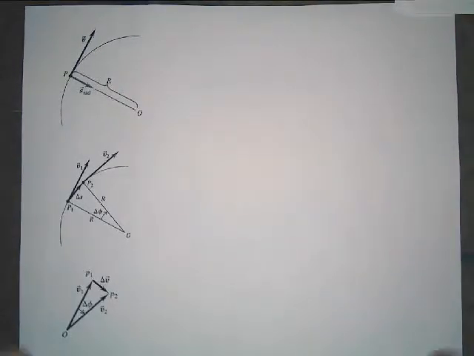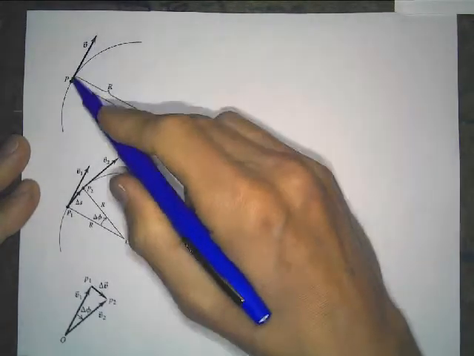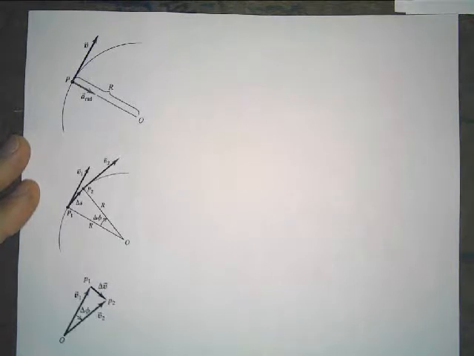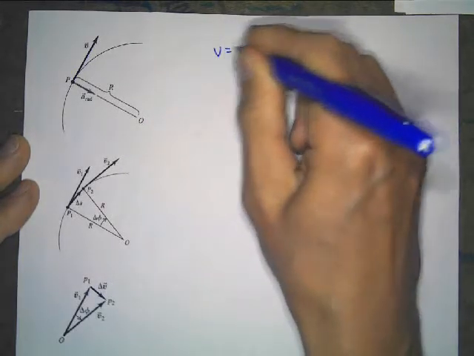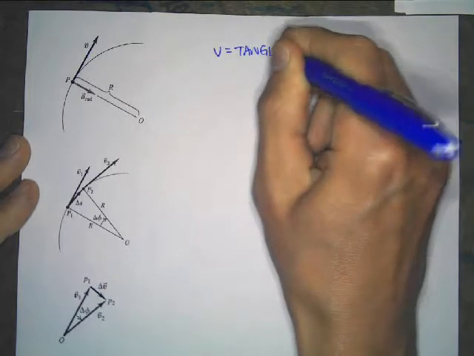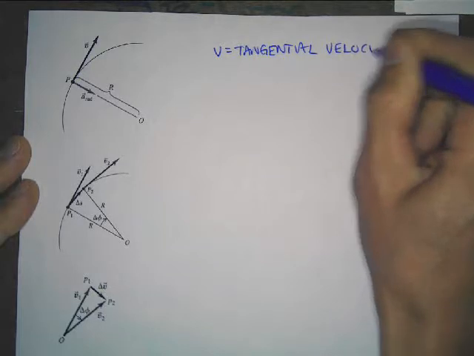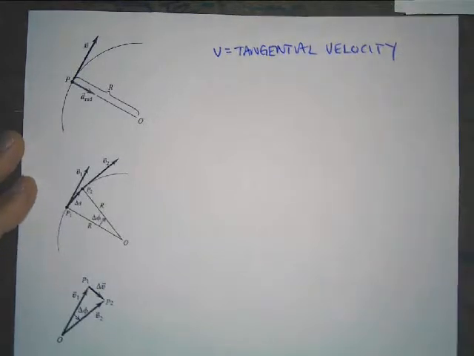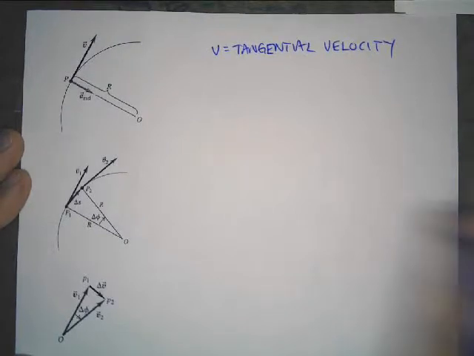All right, so first off, we're going to want to give a special name to the velocity of an object moving in a circle. We're going to call this the tangential velocity. So v is called tangential velocity because the vector that represents that velocity is really tangent to the circle.